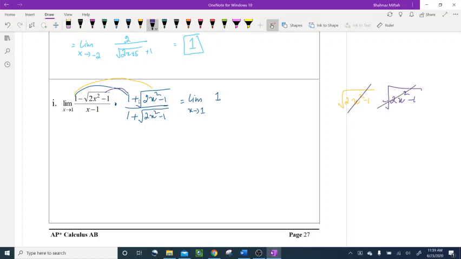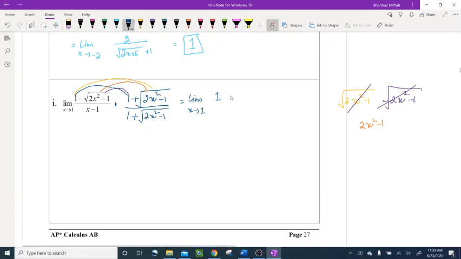And this is also going to multiply with this, right? Which is going to give me 2x squared minus 1, because if you square the square roots, they cancel out. So I'm left with 2x squared minus 1.